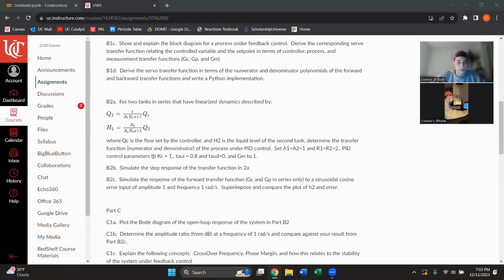So we kind of got transfer functions from QC to Q2 in that block diagram, and then from Q2 to H2. So we want to essentially get transfer functions in the forward direction, which we get from multiplying the controller by the process. The process is sort of these two transfer functions here we're going to be multiplying. And then our backwards transfer function is GM. We're setting that to 1.